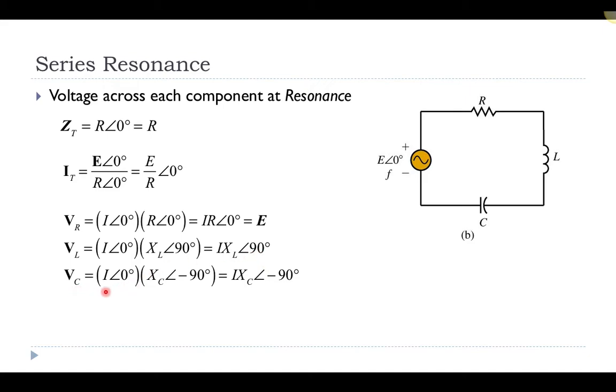And then the capacitor would be the current times the capacitive reactance, and then the phase angle here is minus 90, so I get a negative 90 here. So keeping in mind that the reactive components for the inductor and the capacitor are exactly equal to one another, the values for these voltages are actually the same, but they are out of phase by 180 degrees, which basically means when one is positive, the other one is negative, and they have exactly the same value. Right, so these two are exactly the same.